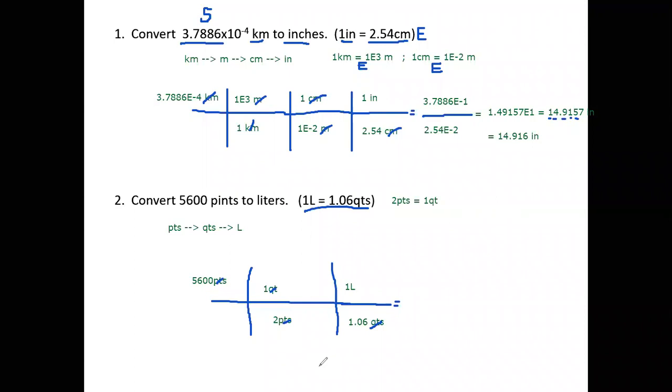So now we're going to multiply everything on top, divide by everything on the bottom. And the calculator tells us 2641.509.